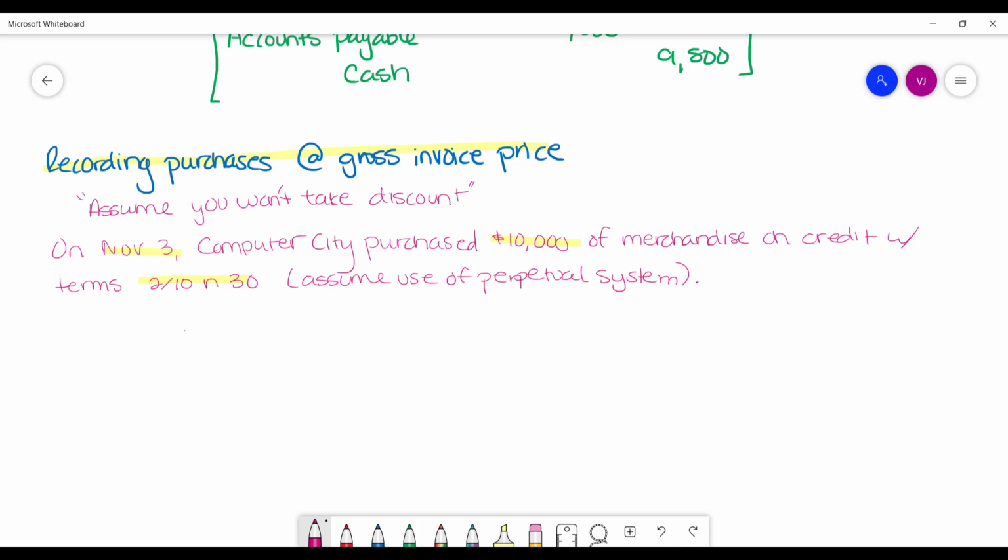So what does this look like? Here, we'll debit inventory for $10,000, and you will credit accounts payable for $10,000. So here you're recording that payable as if you pay the full $10,000.